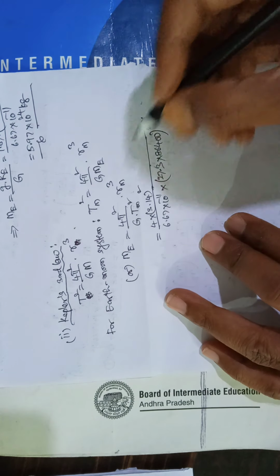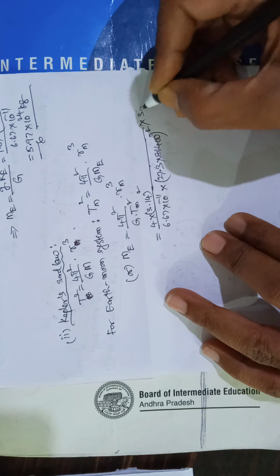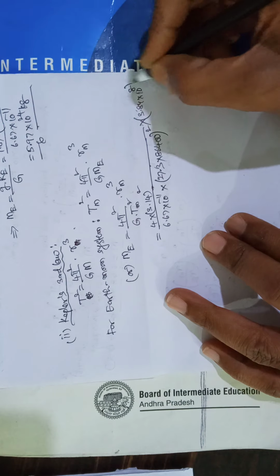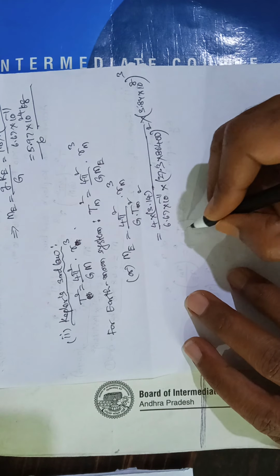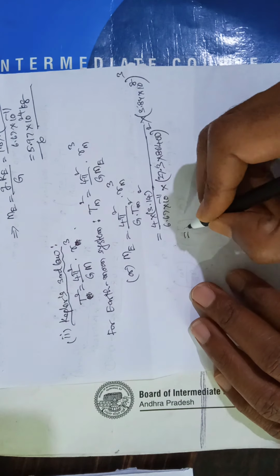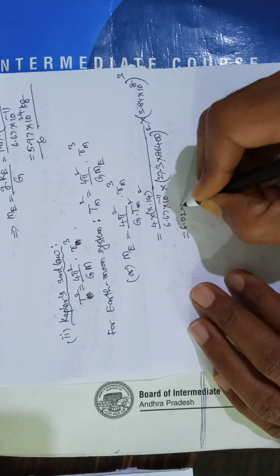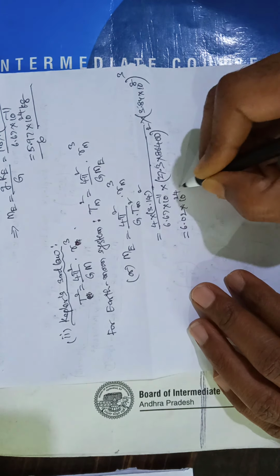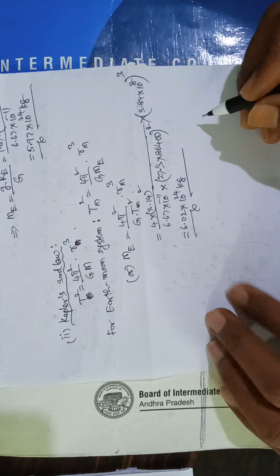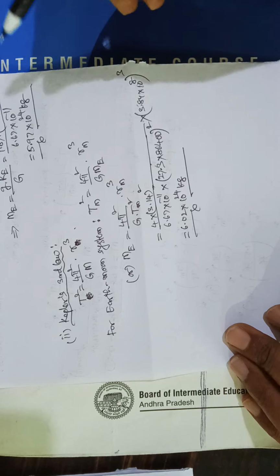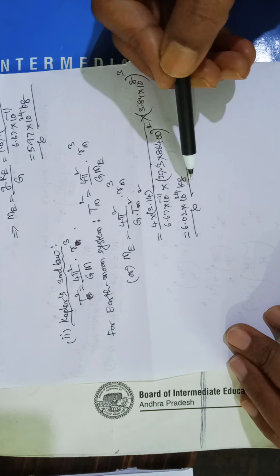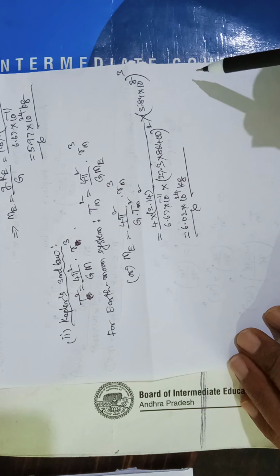Into Rm value 3.84 into 10 power 8, cubed. So substituting these values we get the result. So in method 1 and method 2 the values are almost the same.